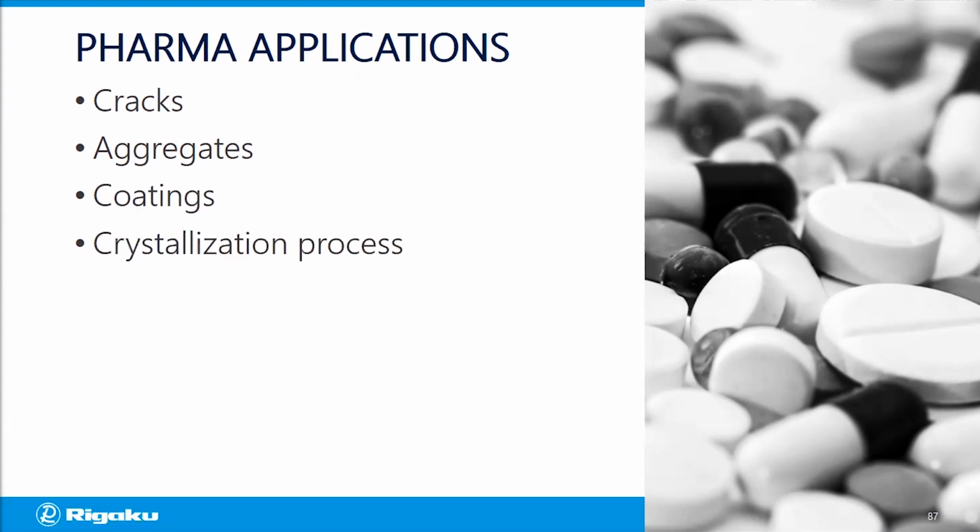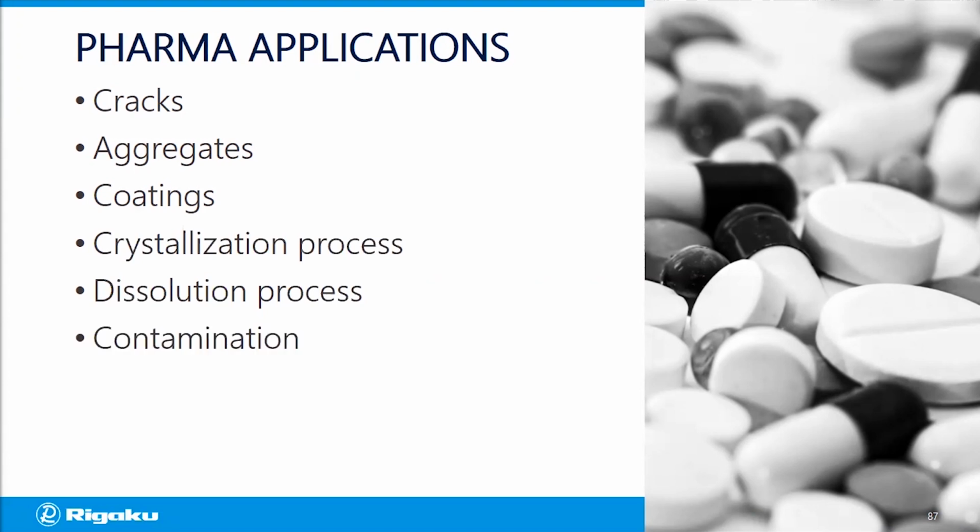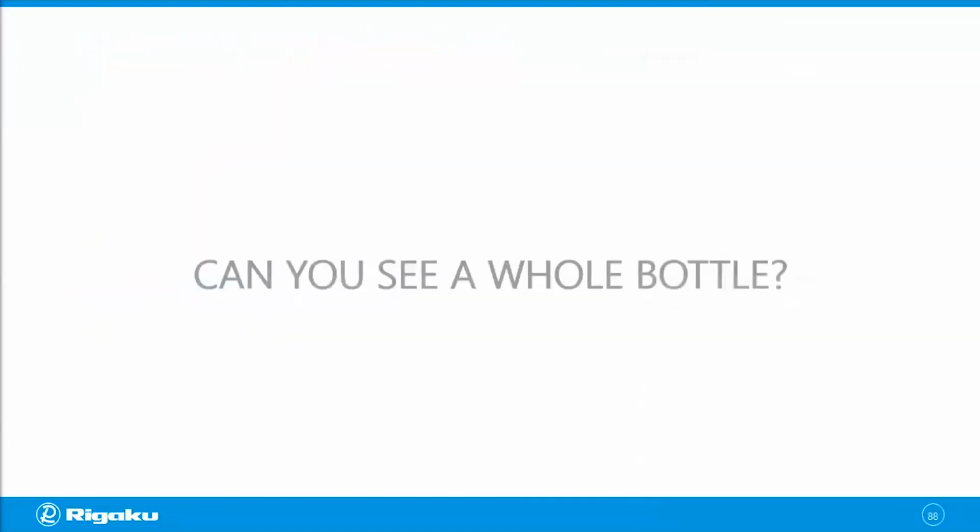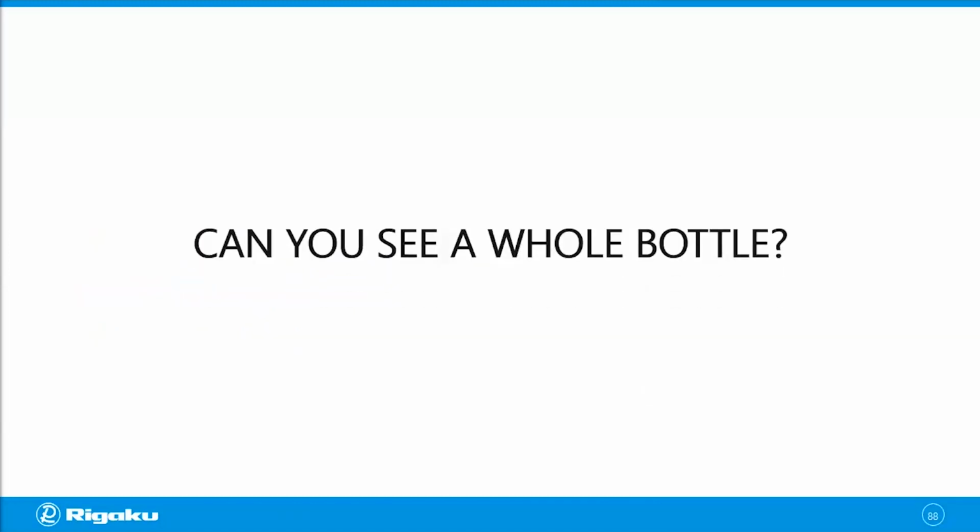And you can see crystallization process or dissolution process as well. And if there are any contamination or foreign materials mixed into those tablets and bottles, you can of course see them too. Now, speaking of contamination, can you see a whole bottle?